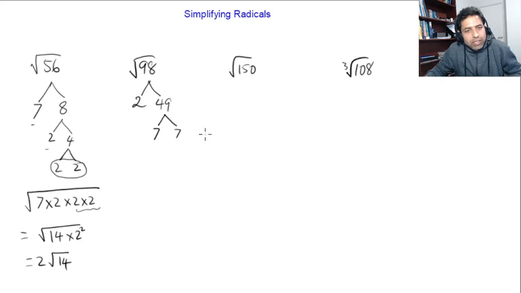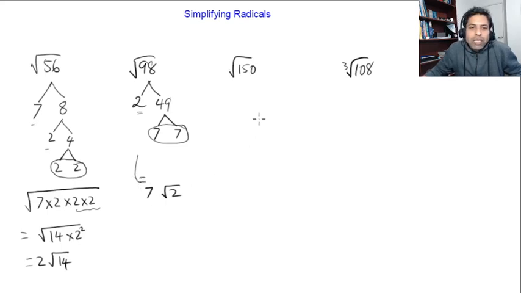Now if I look at the pairs, we have only 2 and then one pair of 7, so that 7 is coming out as a single, and then 2 will stay under the square root. So that would be the answer for the square root of 98.